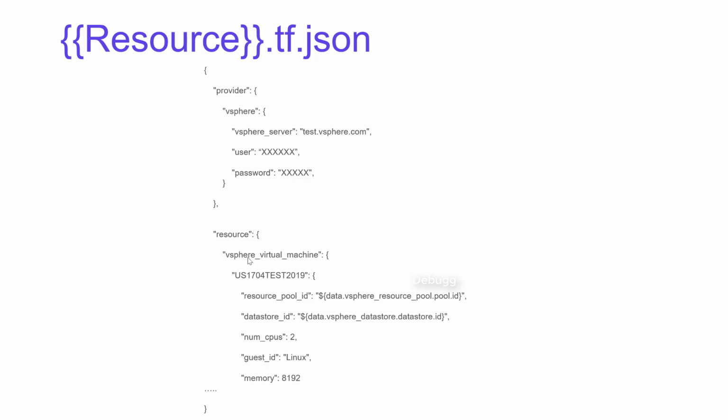Let's say we need to create an Azure VM: we provide the Azure provider here, and the password and service account or anything else we need to specify. Then we create a resource which is Azure's virtual machine.